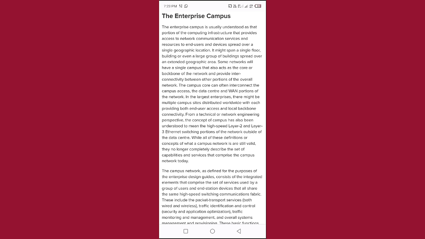While all of these definitions and concepts of what a campus network is are still valid, they no longer completely describe the set of capabilities and services that comprise the campus network today. The campus network, as defined for the purposes of the enterprise design guides, consists of the integrated elements that comprise the set of services used by a group of users and edge station devices that all share the same high-speed switching communications fabric.